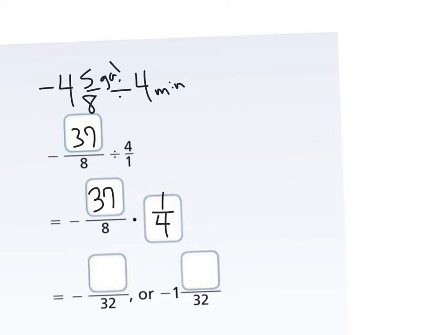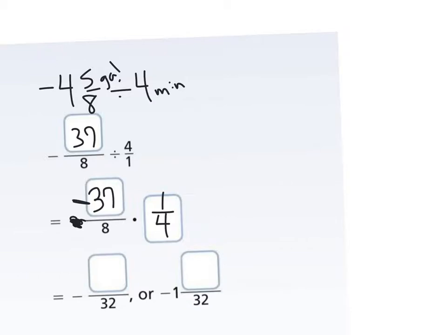So at this point, multiplying, we have an option of reducing if we have a factor in the numerator and denominator that could reduce. We actually don't. Again, I don't really like that negative off to the side. That's not how I write my fractions, so I'm going to stick it up in the numerator. And then we'll just multiply straight across. The denominator, 8 times 4 is 32.